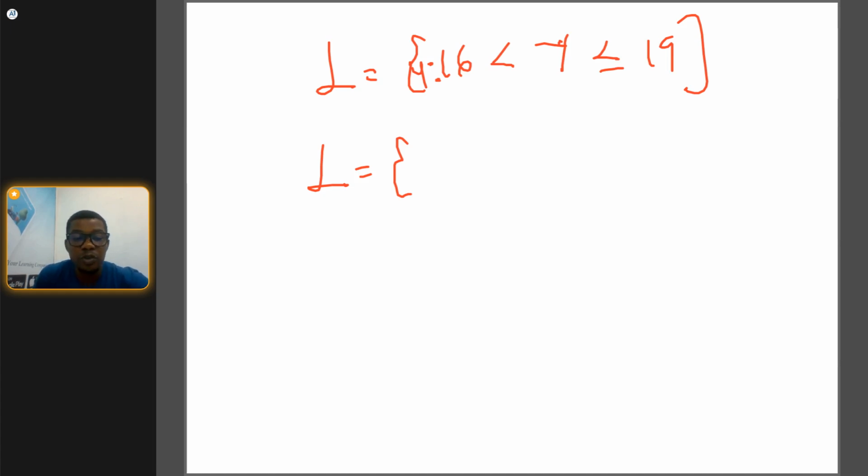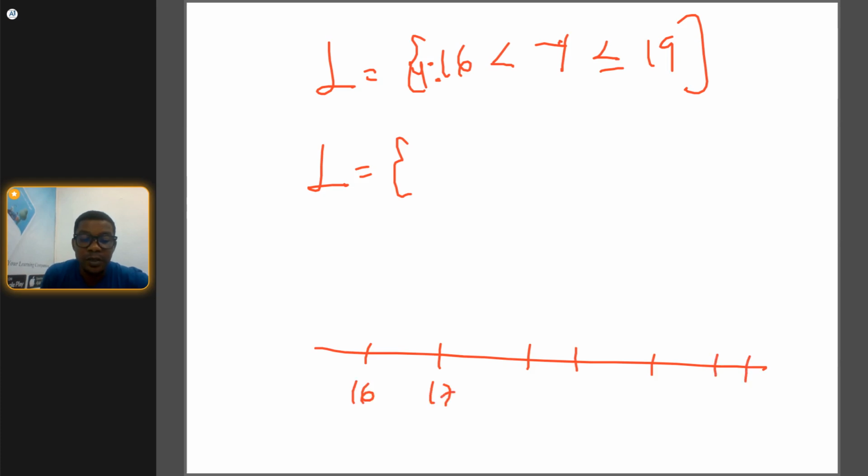Now, let's use what we call the number line. We have 16, 17, 18, 19, and let me say 20. I want to express this on a number line.